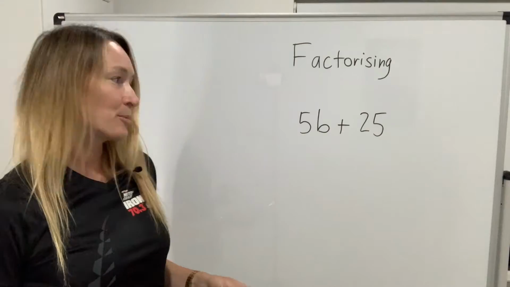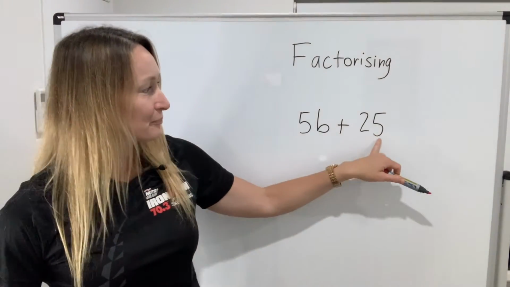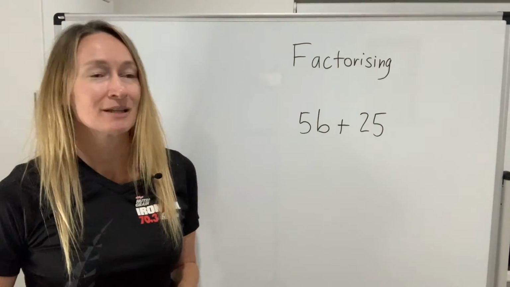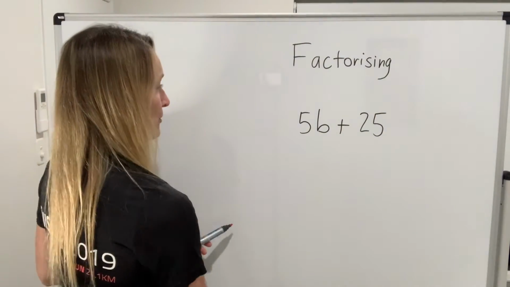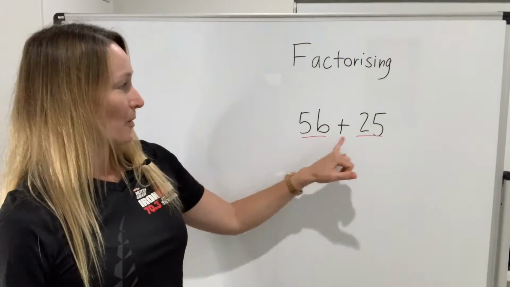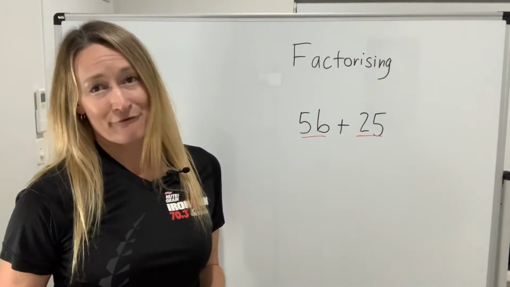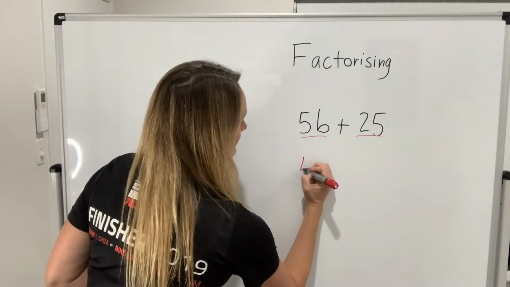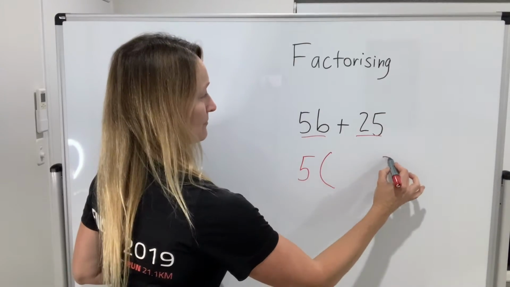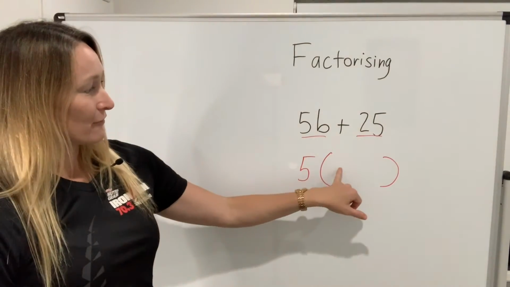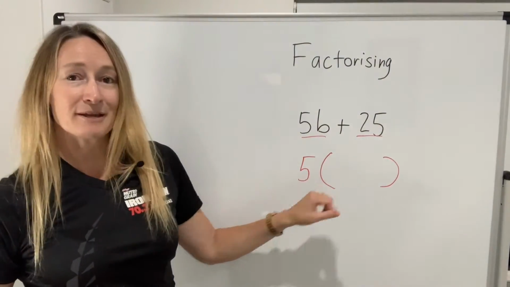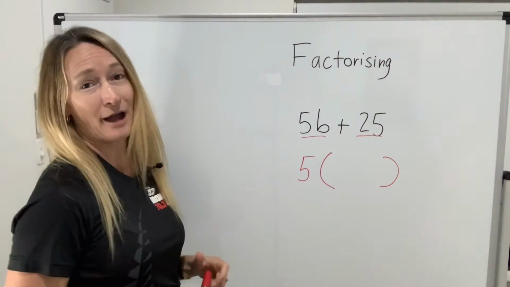Let's look at an example. We've got 5b plus 25. If we were factorising this expression, you would be looking for what both of these terms have in common. Both of these can be divided by 5. So that is the number that we're going to put outside of the brackets. Then for our first term inside the brackets, 5 times something needs to equal 5b.